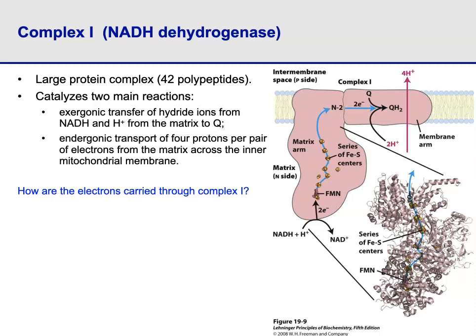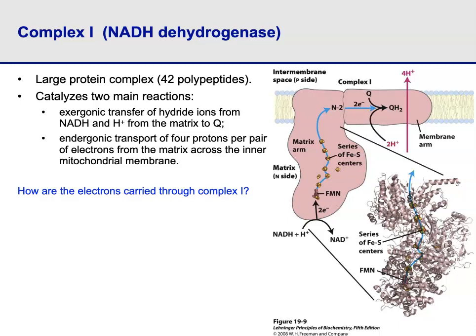Today I will go over the detailed reactions of each of these complexes and how they're connected together, and from there what is the difference between electrons carried by NADH and FADH2, and also how the electrons get channeled to the electron transfer pathway, and ultimately that will determine how much ATP will be generated per electron pair.